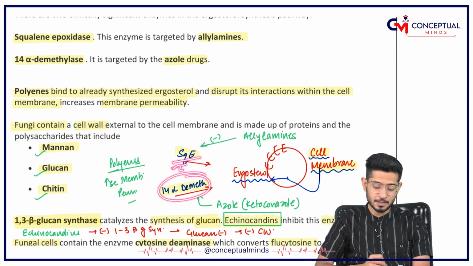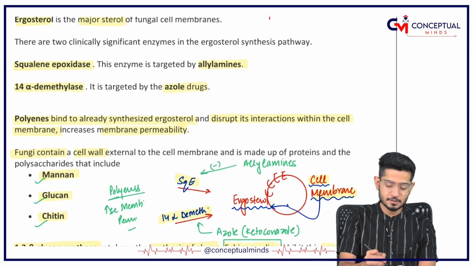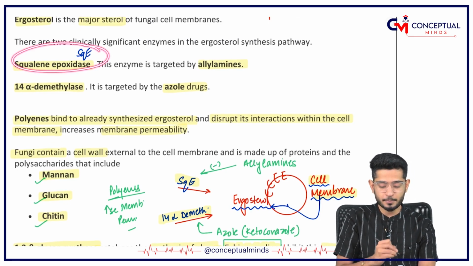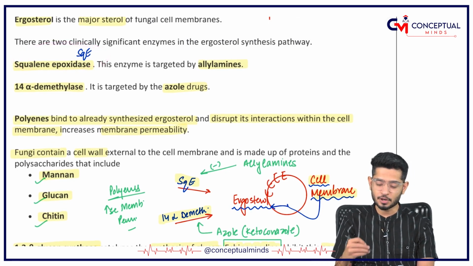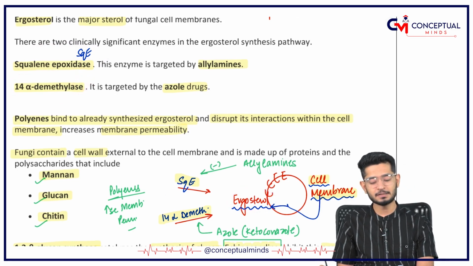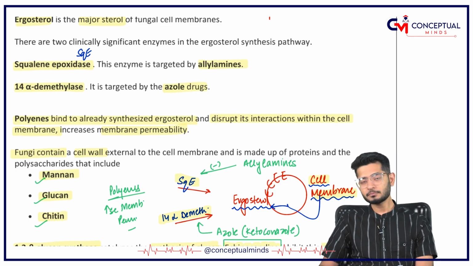What is SQE? Remember, squalene epoxidase, that is called SQE. Squalene epoxidase is the enzyme required to synthesize ergosterol, and also 14-alpha-demethylase is required to synthesize ergosterol. But if we want to destroy the cell membrane, what will we do?